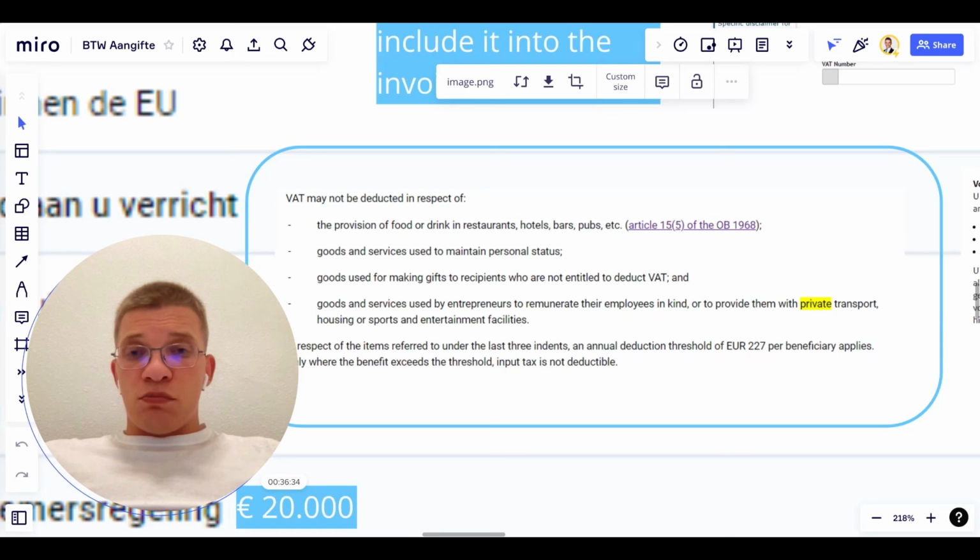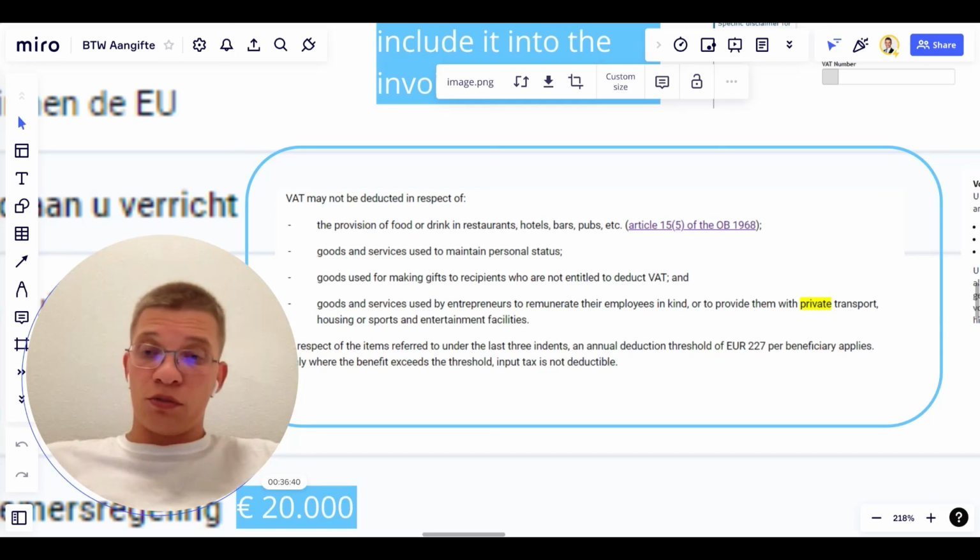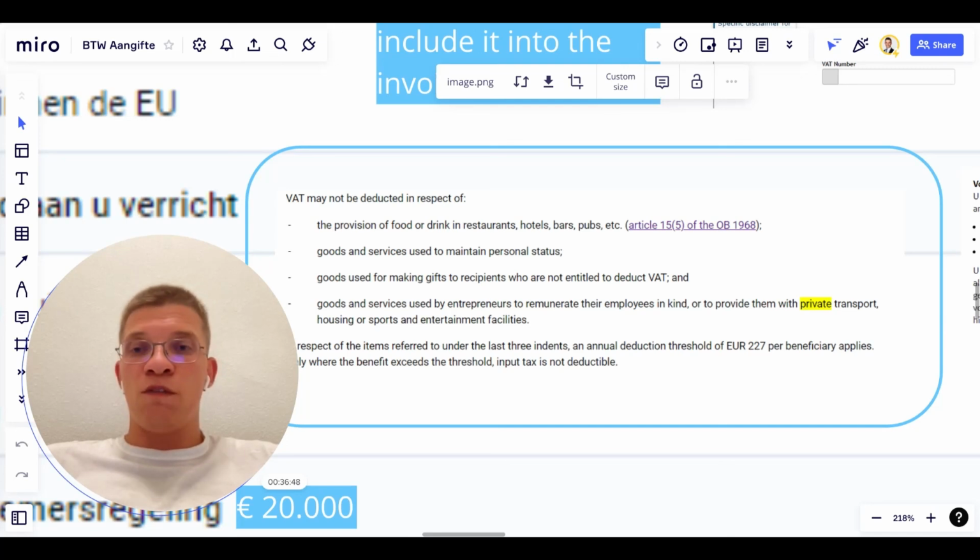In this situation, a specific rule applies that even though you can deduct this cost from your income tax base, you cannot deduct the VAT charged to you from your VAT tax base.